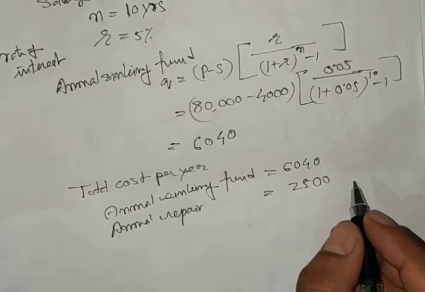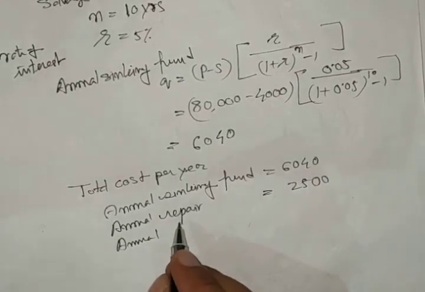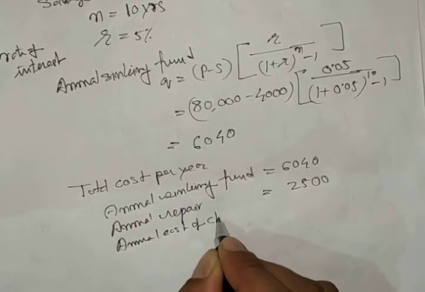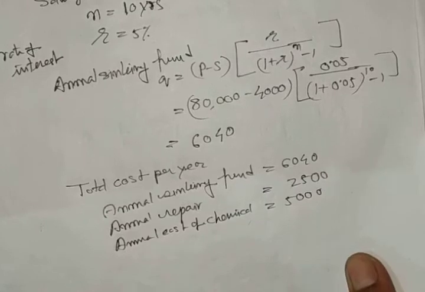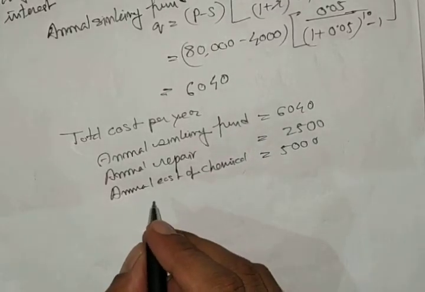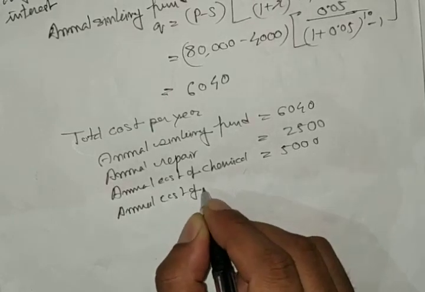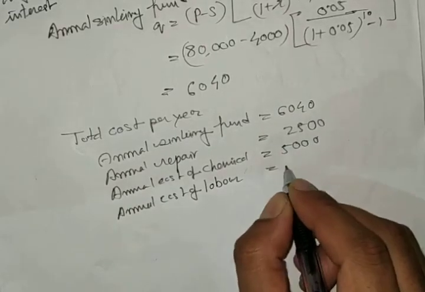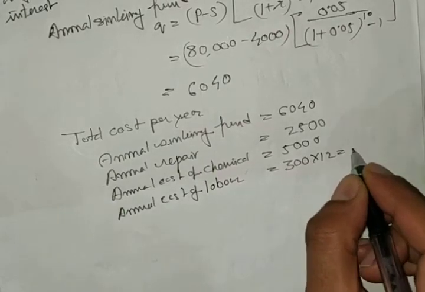And another one is the annual cost of chemical, which is equal to 5000. And the annual cost of labor will be 300 per month, so multiplied by 12, it becomes 3600.